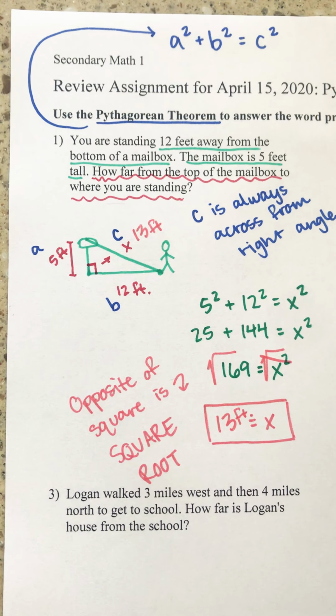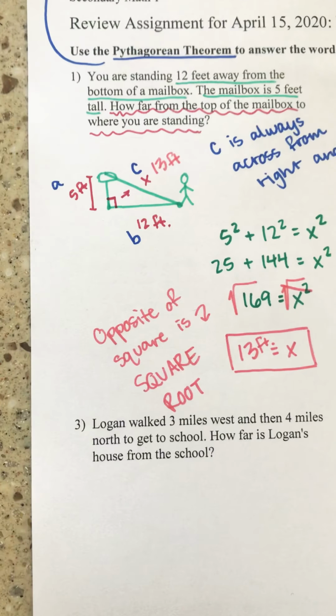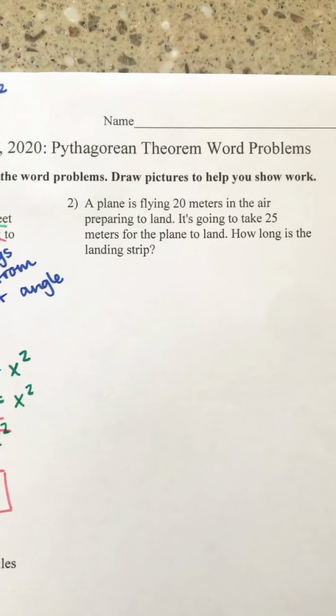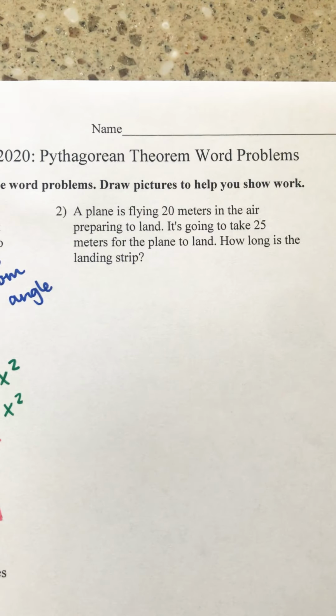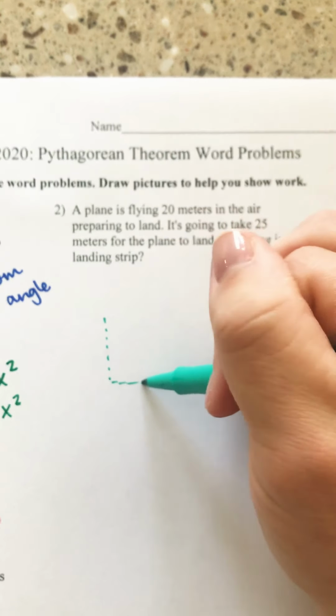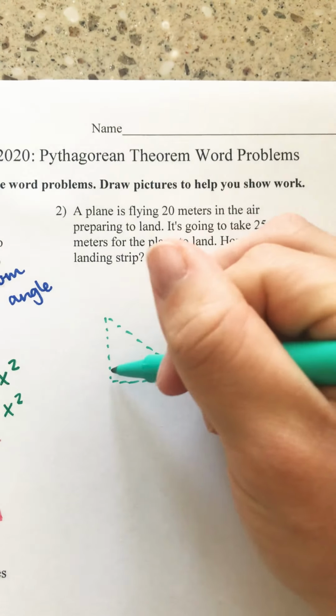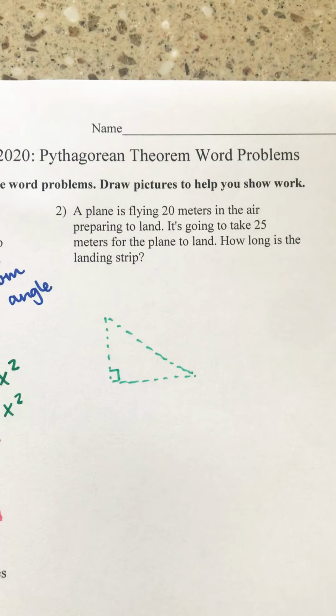Okay, awesome, you guys. You are going to be required to do numbers 2 and 3. On each one of these, you should have a right triangle drawn. It should create a right triangle. All you need to figure out is where the information goes.